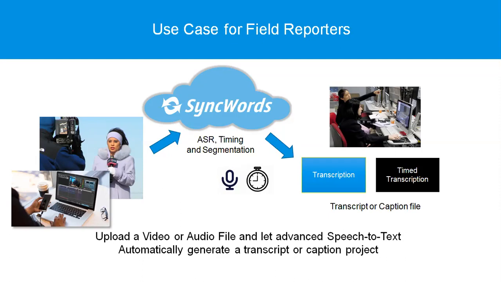This is something that they can then upload to Syncwords, do the transcription cleanup using the SyncEditor, and then they don't even have to send it to the news agency. The news agency can just download it via API. That's all they have to do, and then they're ready to do the edit to get that news story out the door as fast as possible. So that's another really key use case for the SyncEditor.